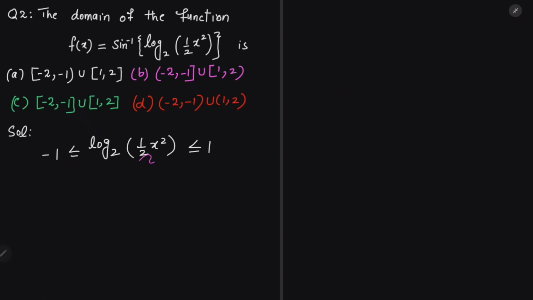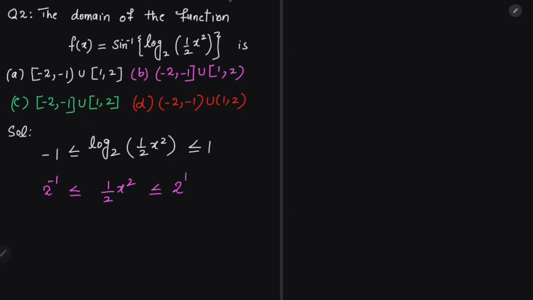And we know that if this is base 2, then you can remove this log base 2 from this inequality by taking the power of 2 on both sides. So we have 2 raised to power minus 1 less than or equal to half x square less than or equal to 2 raised to power 1.